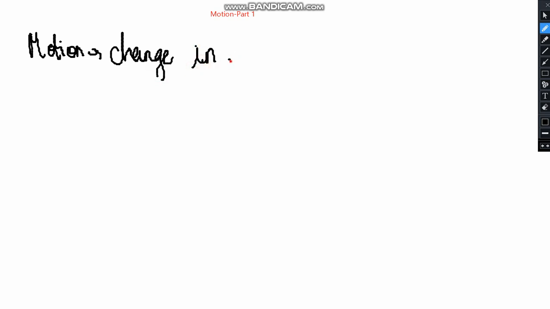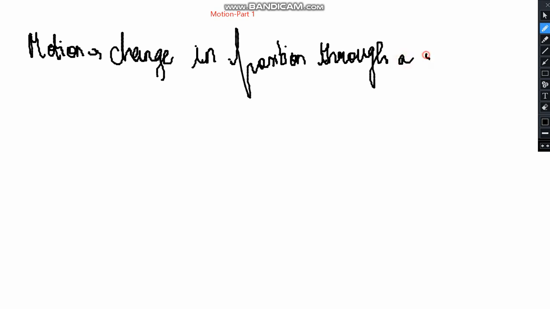Okay, so according to you, what is motion? Motion, as far as we are concerned, is the change in position through a respective time.